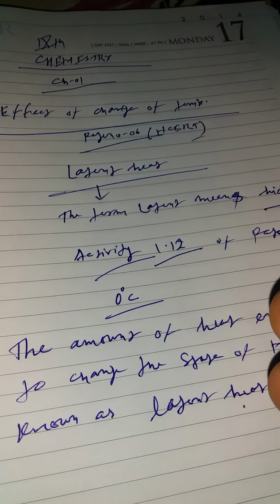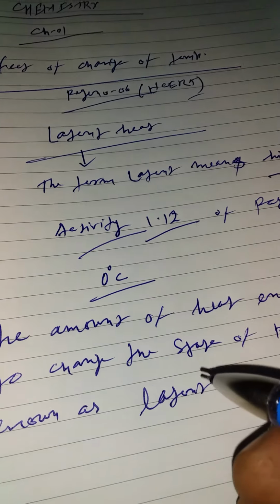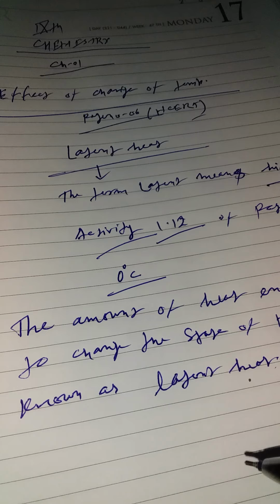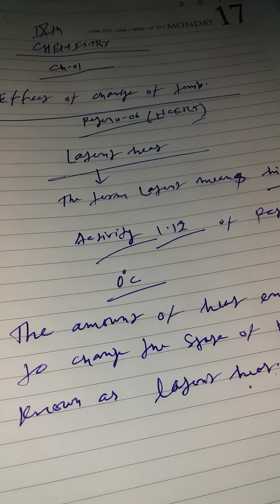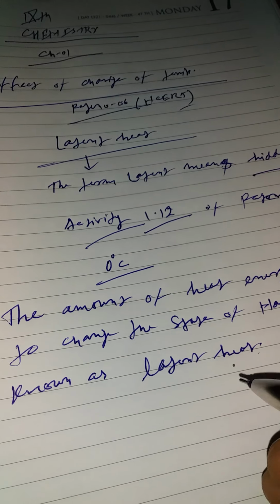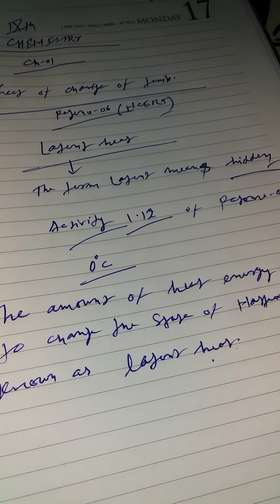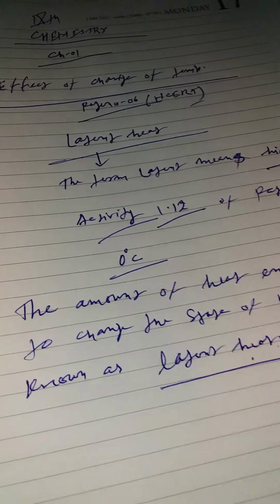The thermometer reads the movement of particles of matter, and in that situation this hidden heat is consumed to change the state of matter. That's why we use the term latent heat.